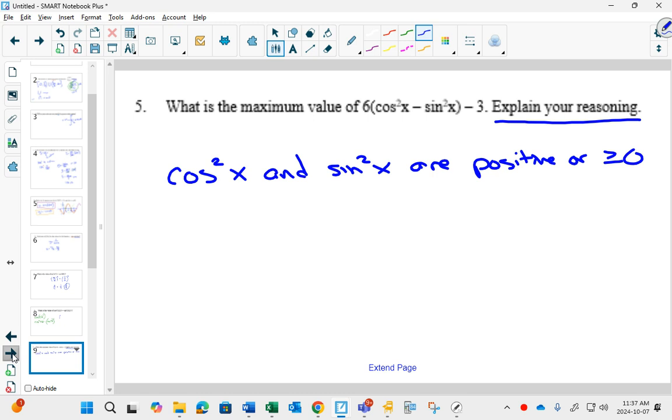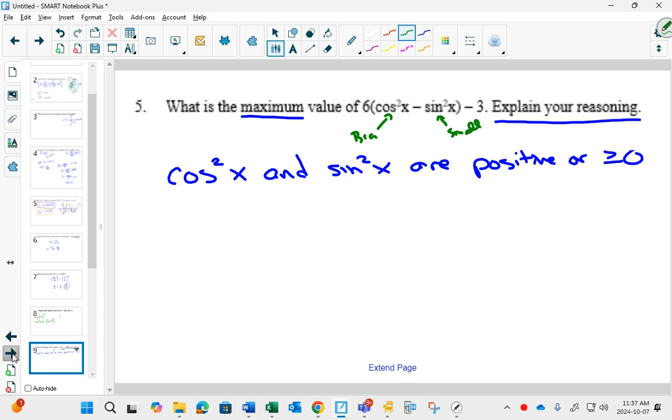So if we want a maximum, we want to have this big and this small. Because if you're subtracting two things, you want cos squared to be as big as possible, and then you want the subtracted sine squared to be as small as possible, especially because they're both positive. I mean, if they could be negative, then for sure you'd want the second one to be negative, because subtracting a negative is adding, but they won't be. They're both greater than or equal to 0.